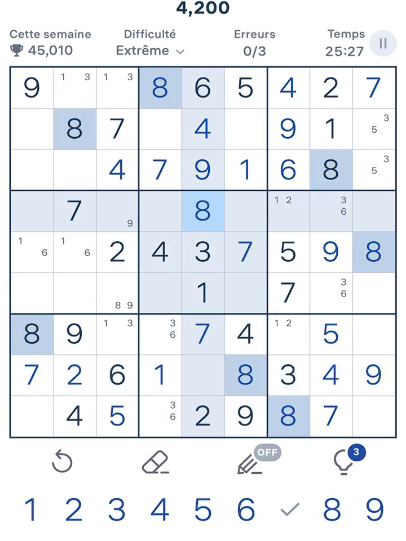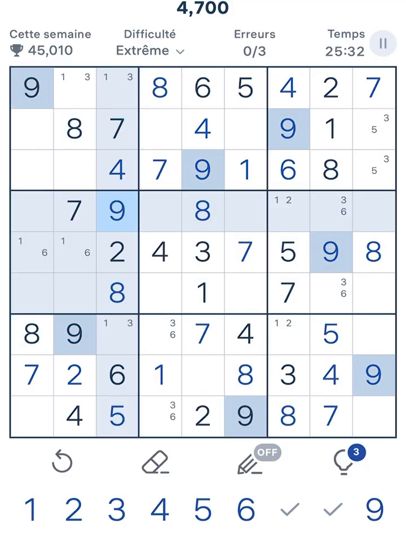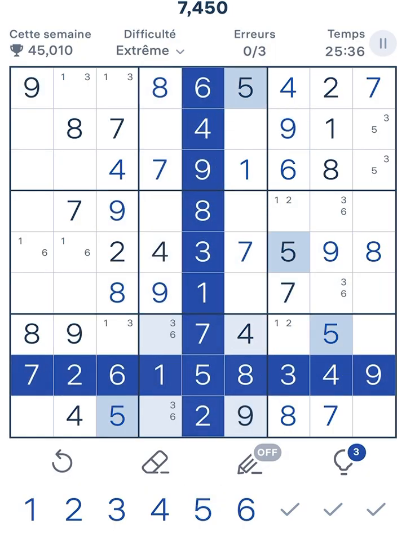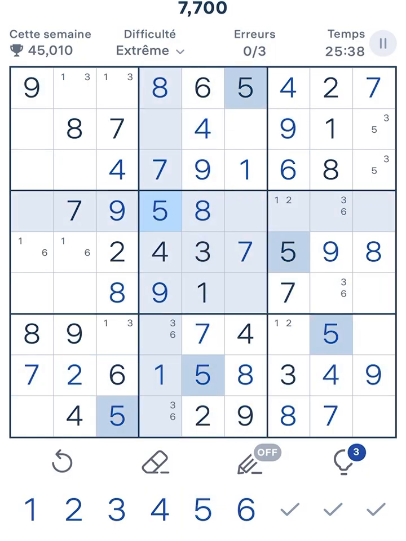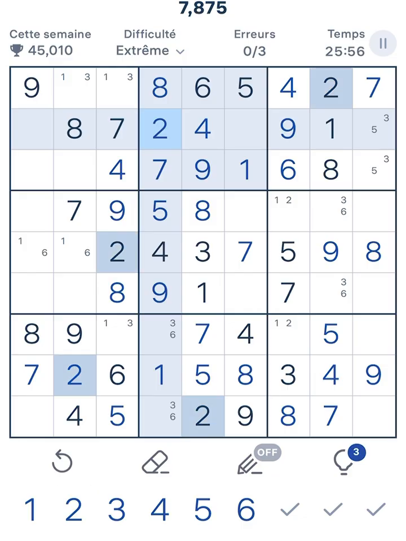Classical Sudoku, 8 and 9 and 5. Okay, here is the only empty square in this column which is left. So the only number that can be placed here is 2.